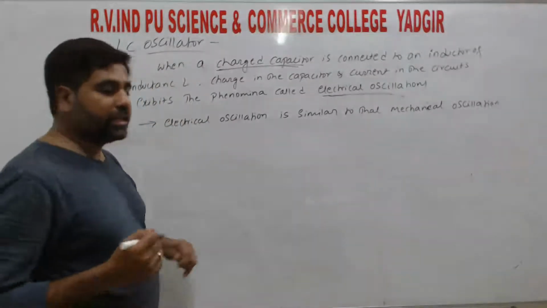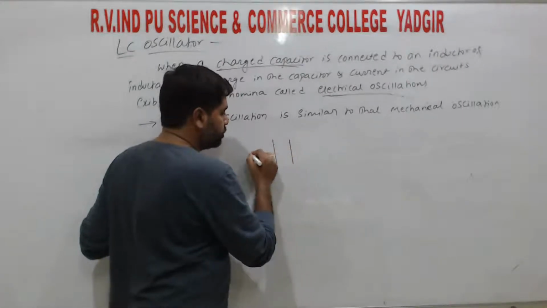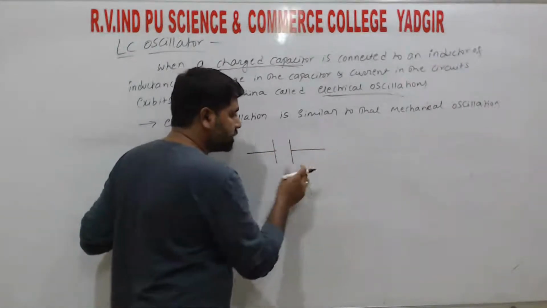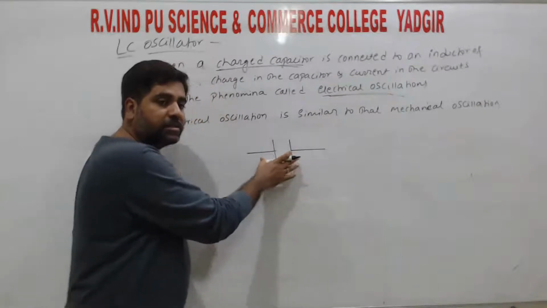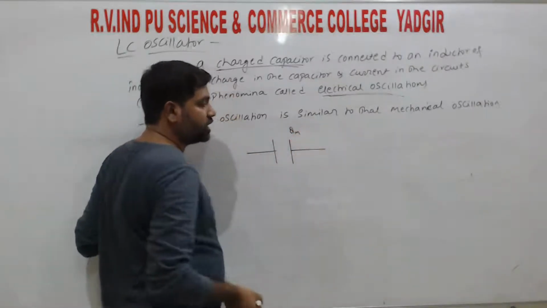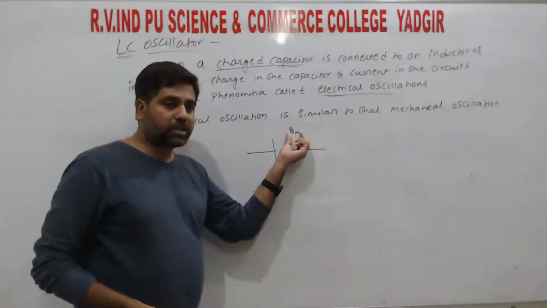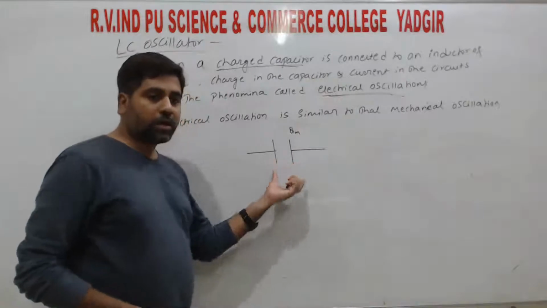Right? So initially consider a capacitor. Initially the capacitor is charged. The maximum value of the charge present in the capacitor we take as Qm, where Qm is the charge stored in the capacitor, right?